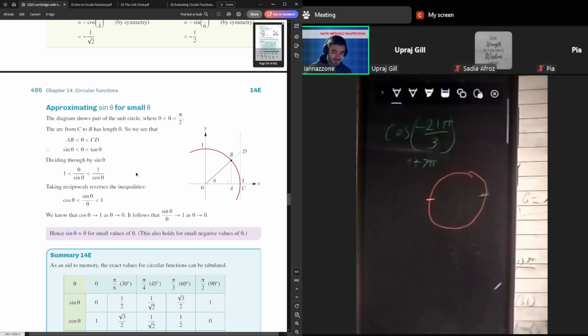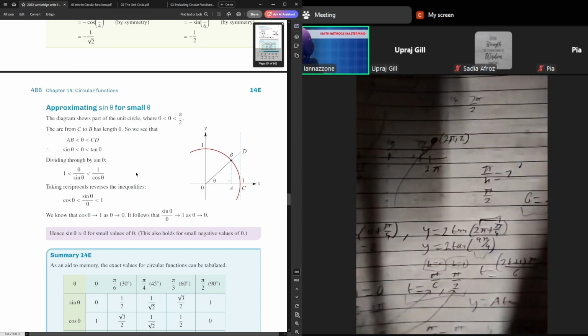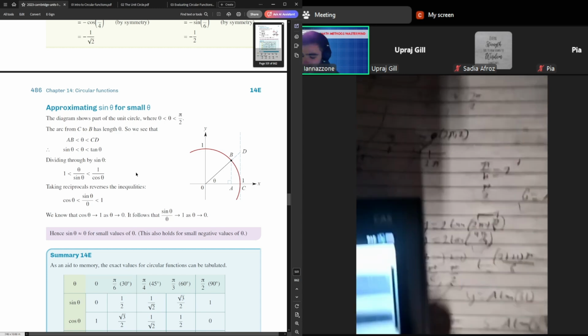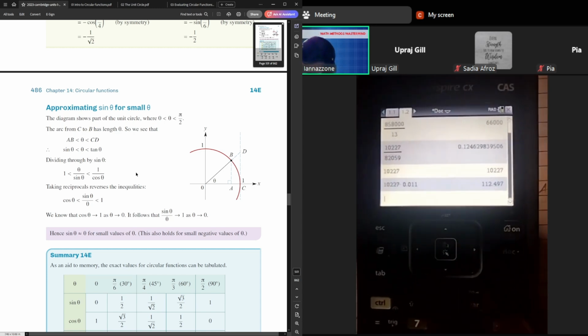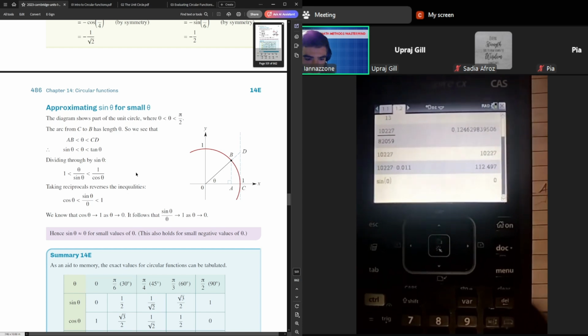But effectively, all it's trying to do is tell you if your angle is sufficiently small, that the sine of that angle is pretty much the same thing as that angle. So if I just pull up the CAS for a second, the very basic one is sine of 0 is 0, yeah? Perfect one-to-one match. The angle and the value are the same.